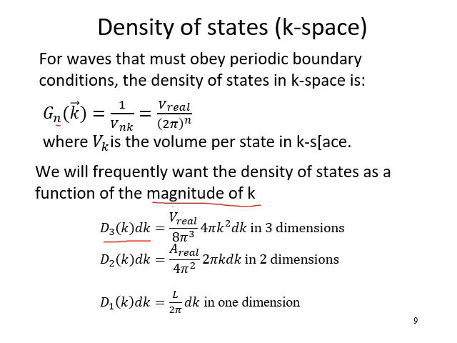I'll have a sketch in a minute, I hope, that will clarify this. We're only interested not in the actual spacing between the states, but in how many states there are in a certain magnitude of k range.